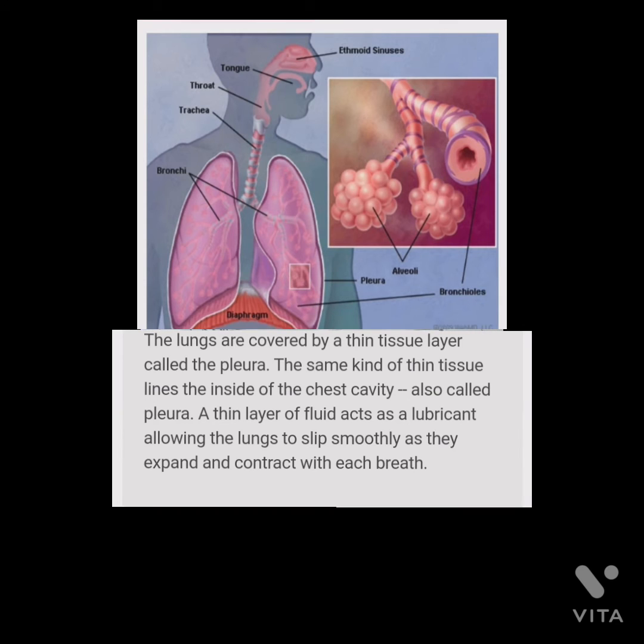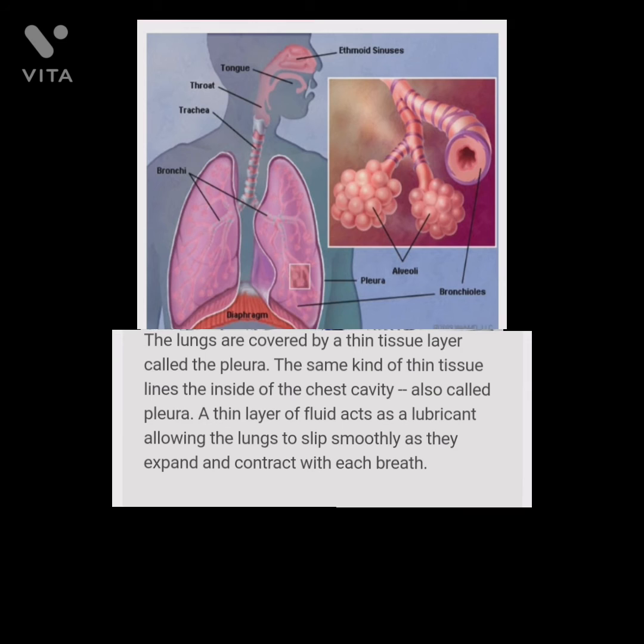This can come as a one or two mark question in your question paper, like what is the thin layer that covers the lungs and the inner part of our chest? You have to remember the name pleura.